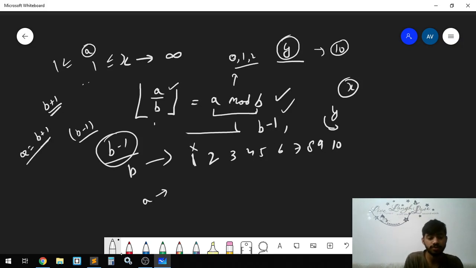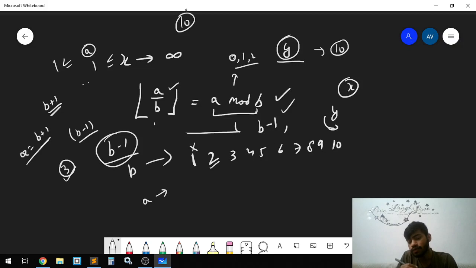So element 3 must be present. Is 3 possible? Let us take that 10 is also 3. When I check for 2, can a take the value 3? Yes, it can take the value.